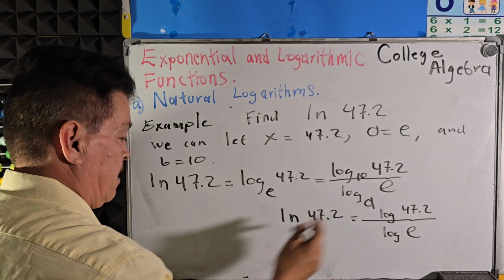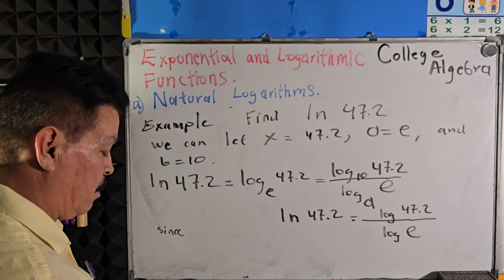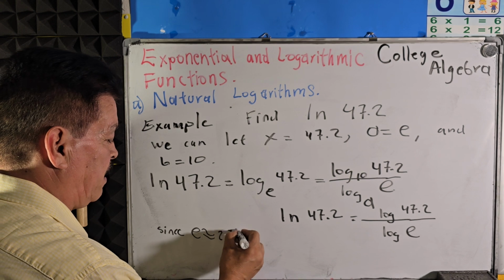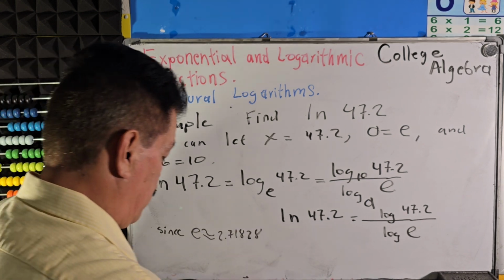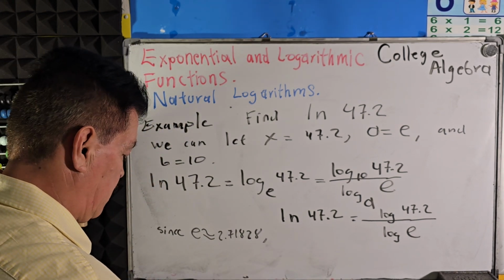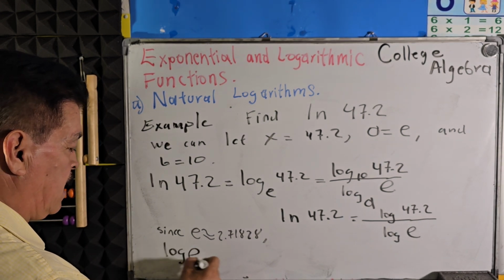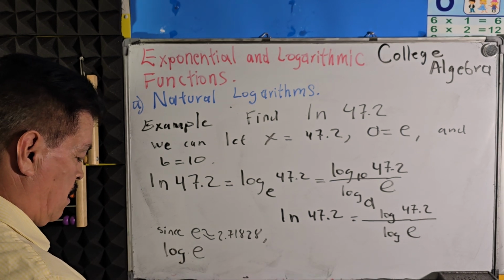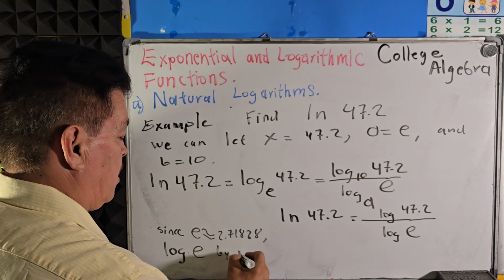Since I gave it at the beginning of my class, e is equal to 2.718, whatever 28, right? So now we are able to calculate the log of e by interpolation.